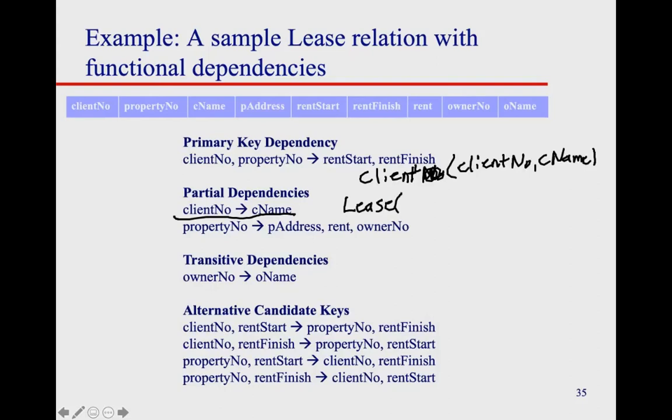So it would still have the client number, and it would still have the property number, and it would still have the property address, which I'll abbreviate as PADDR.